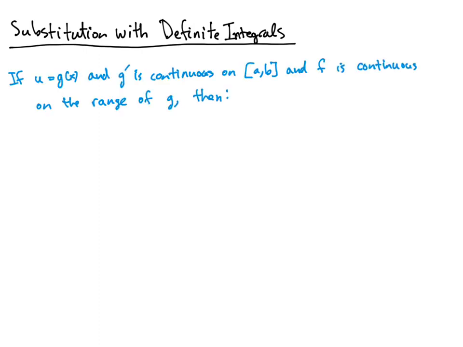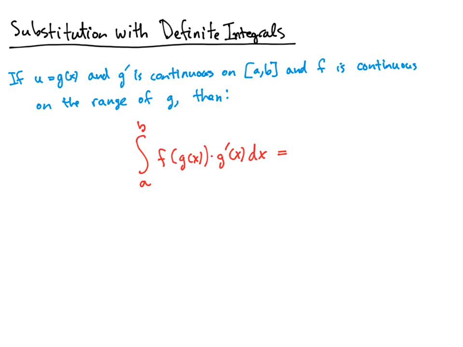Okay, so if u is equal to g of x and g prime is continuous on the interval a to b, and f is continuous on the range of g, then the integral from a to b of f of g of x times g prime of x dx is equal to, so this is the same integrand as we saw when we had indefinite integrals.